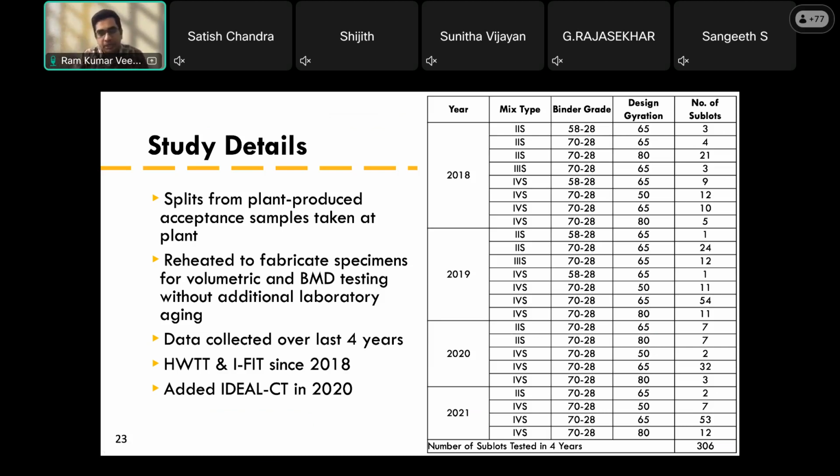And with different PG grades, since Vermont is a cool state, their virgin unmodified binder was a PG 58-28, and they went all the way up to 70-28 binders. Based on the different traffic, they had different gyrations and different samples from different lots as well.